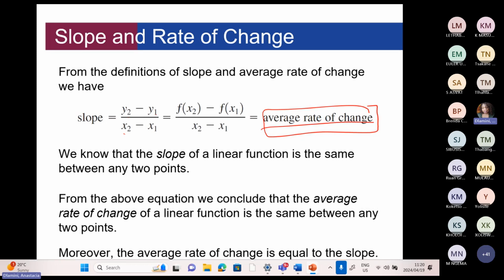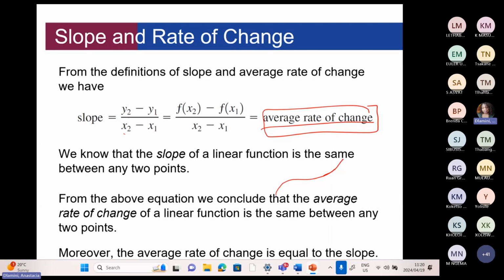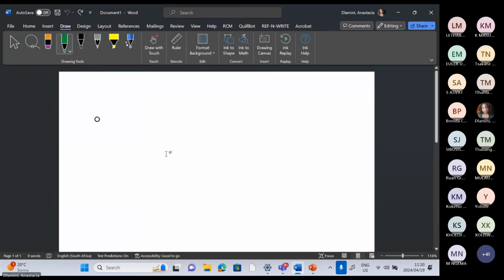But remember that when we were looking at the average rate of change, let's say we had a curve like this. So you have a curve like this, right?